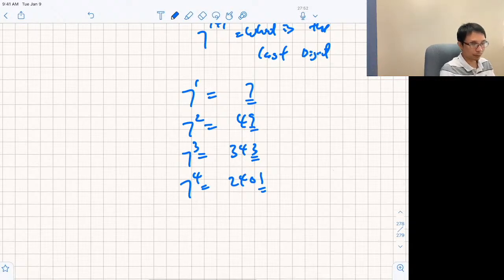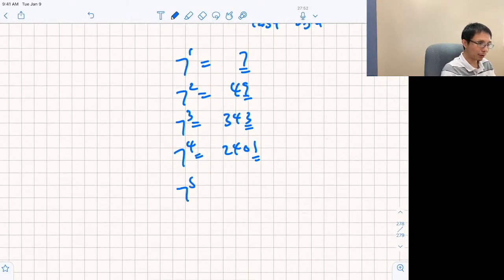You see the last digit is 1. 3 times 7 is 21, so only the last digit I'm interested in. Now, 7 to the fifth power goes back to 7, because 1 times 7 is 7, and 7 times that is going to be 9.